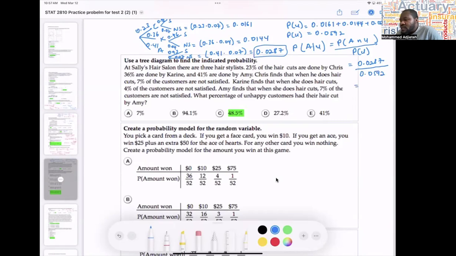When you divide the two, you get 48.5% or 0.485, which is C.